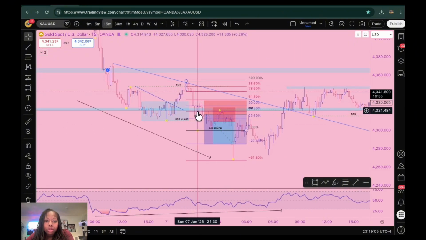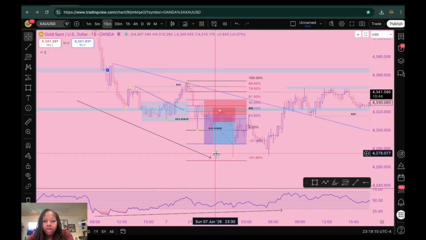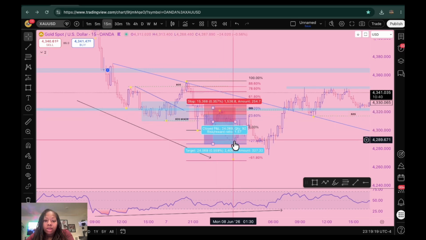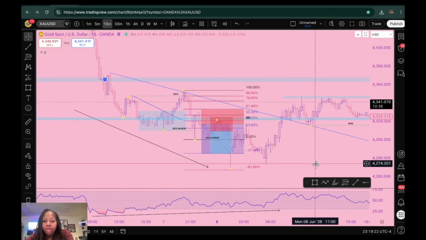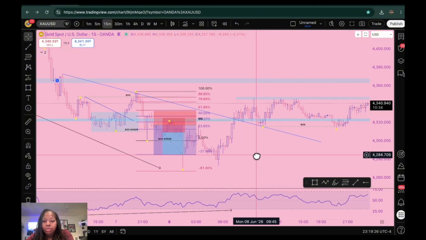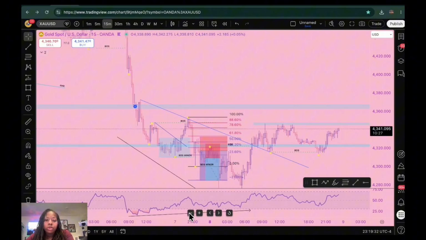Point A to point B here, and then we had a, what is this, a 50% retracement, and then I ended up getting my entry around here, and we ended up hitting TP2, and then I ended up getting a second entry and hitting that same TP, and then I saw the rejection, and then we also broke this trend line, and that's why I got in for my buys earlier this morning.